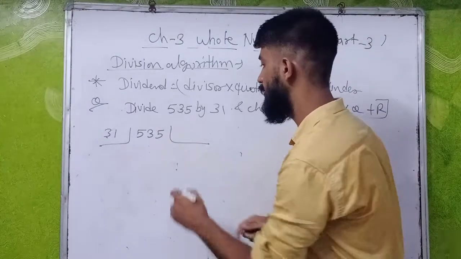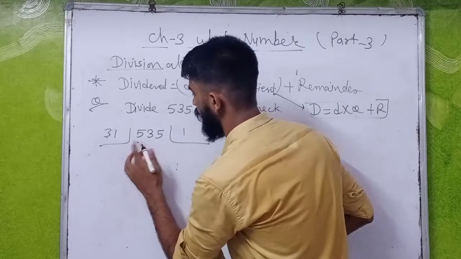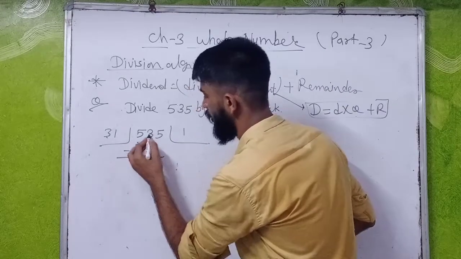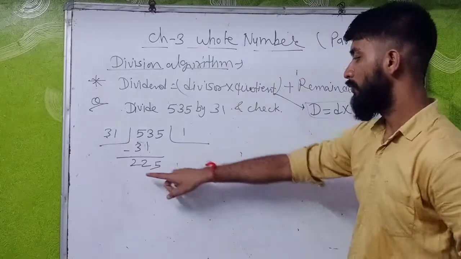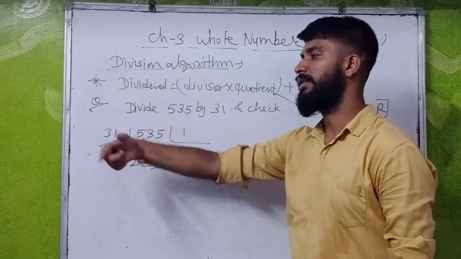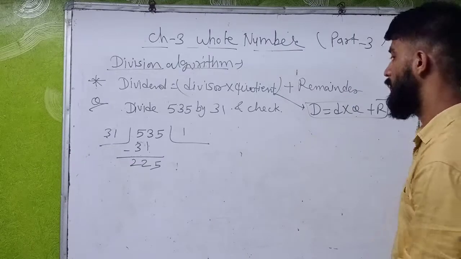First, one time it will go, so 31, 3 minus 1 is 2, and 5. Now 25, how many times will it come in the table of 31?